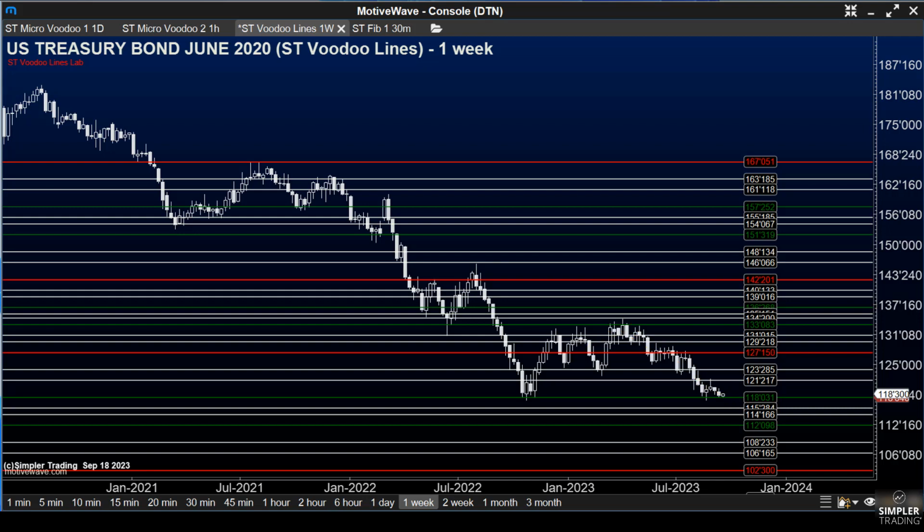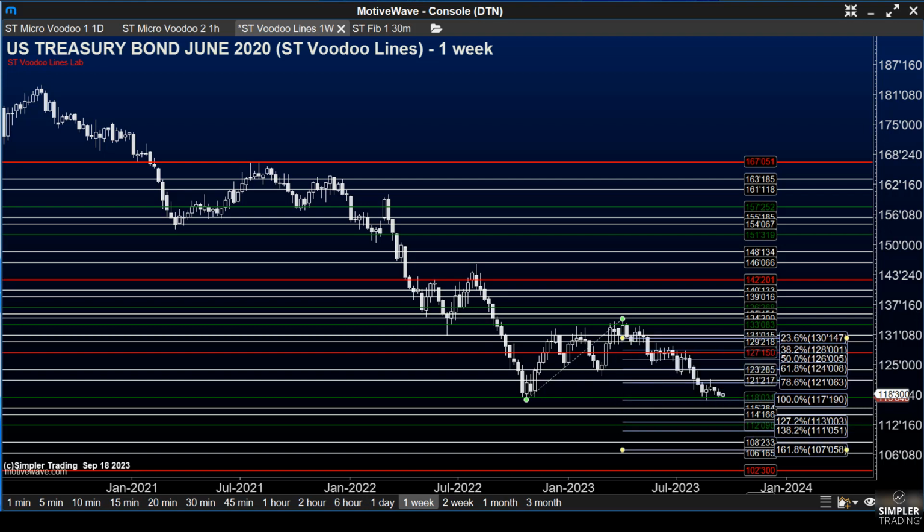Now, another reason to perhaps look towards that 112 area as the next step is if we measure this bounce from late last year and the low at the prior visit to the tree line where we're at now, if we measure that bounce up into this year's high in the bonds and then look at the move down proportional to it, right? We know that we can use these external retracements to look towards targets to the downside.